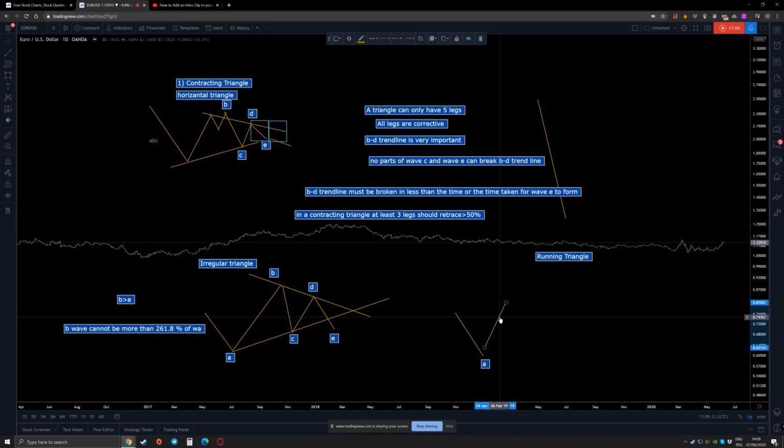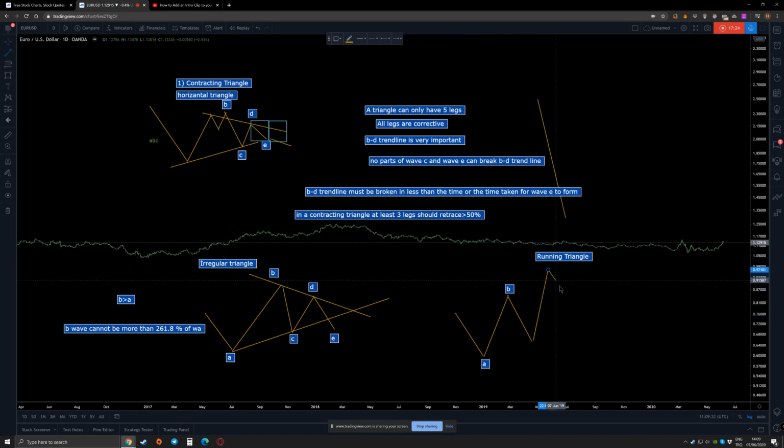I've seen them, of course, but I didn't show it to you guys here yet. So we have a wave B, we have a wave C, we have a wave D, and we have a wave E.